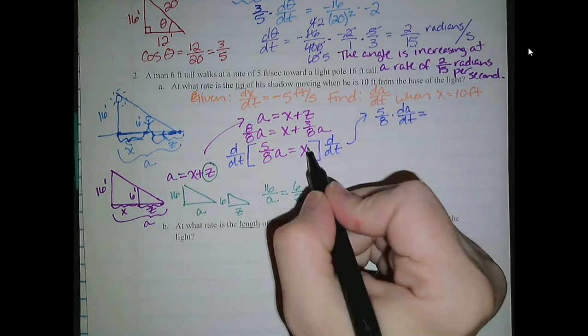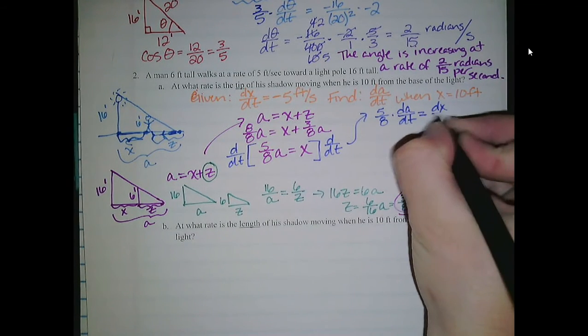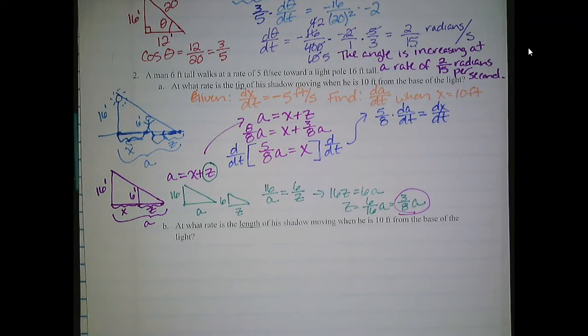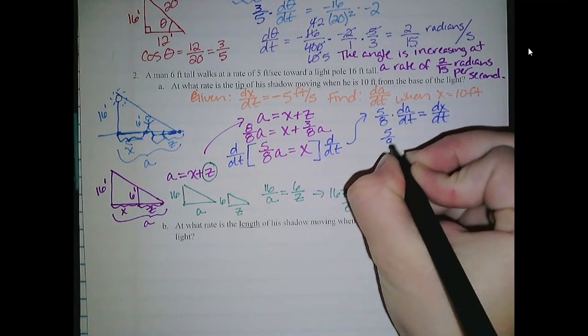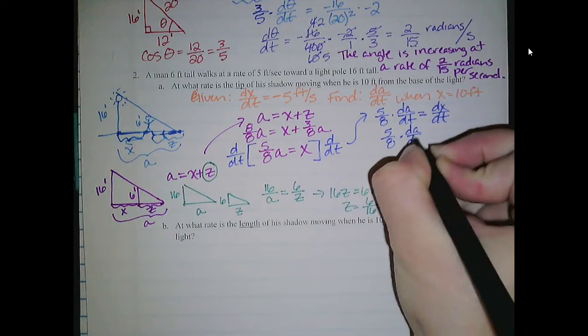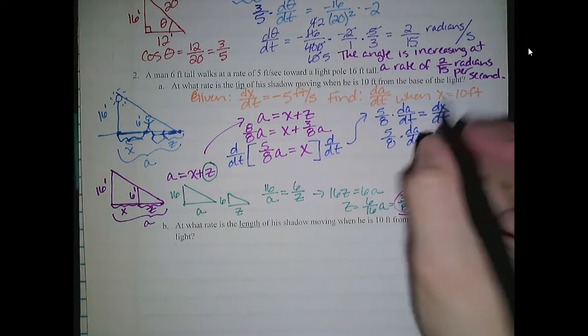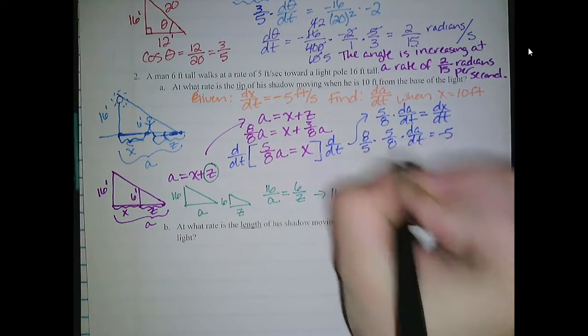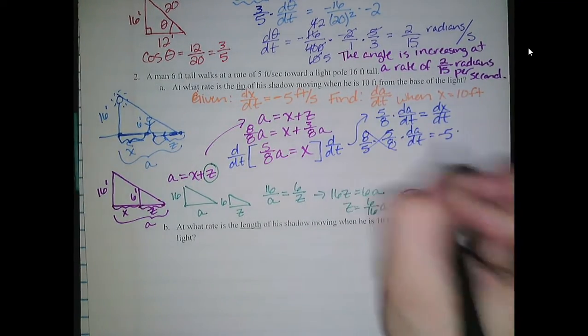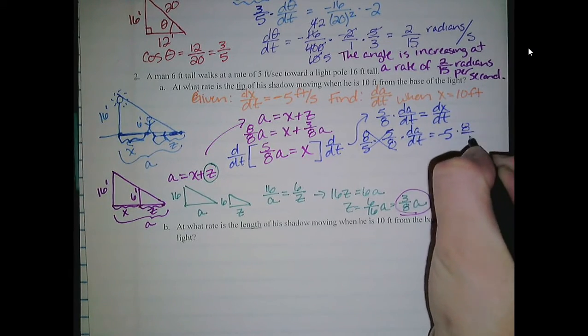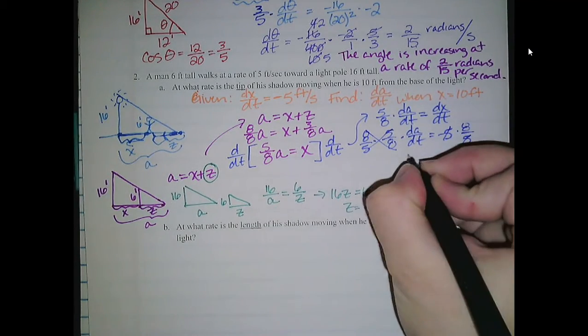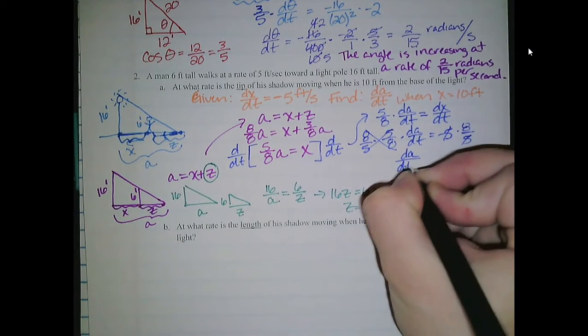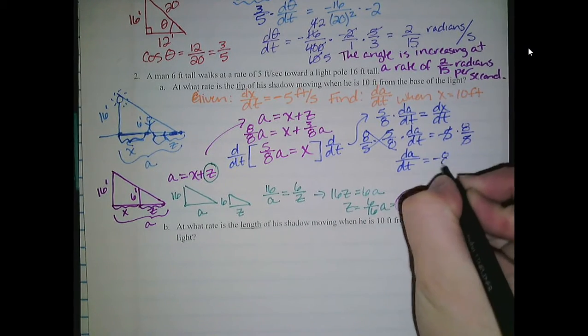If I differentiate x with respect to t, I get dx/dt, which is the rate that I know. So now I know that dx/dt is -5, so I have 5/8 times dA/dt equals dx/dt, which is -5. So if I multiply both sides by 8/5, I get that dA/dt is -8.